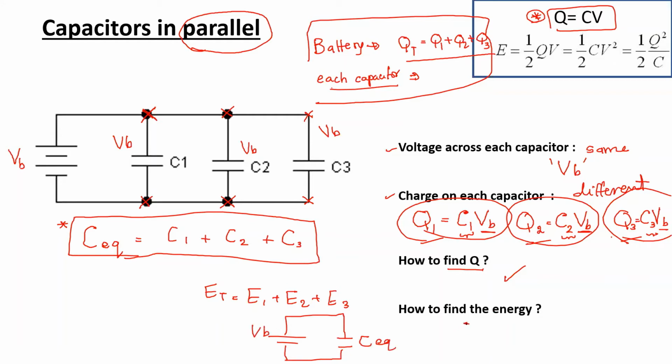So if I do the energy of the whole thing, all the capacitors, it is half times the equivalent capacitance times V squared. So this part is very similar to the series case. You just use this equation.